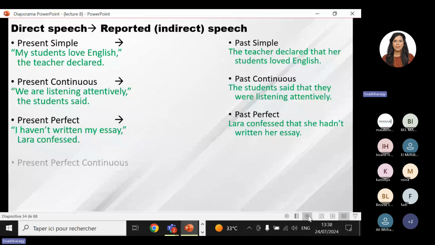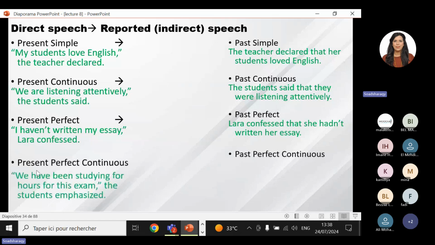Continue, Mina, please. Okay, here we have another example. Read the example, please. We have been studying for hours for this exam. The student emphasized that they had been studying for hours for that exam.